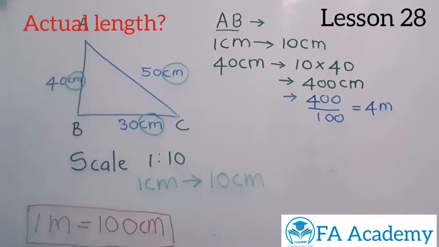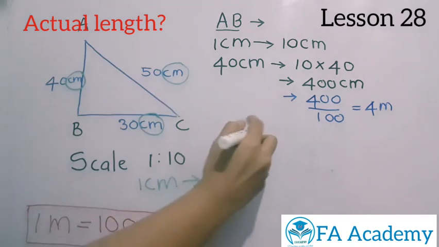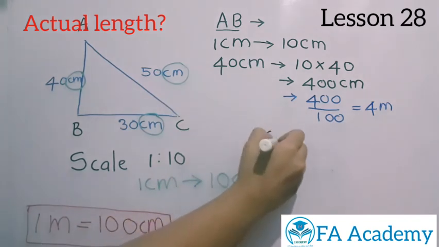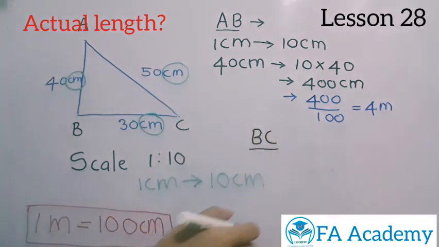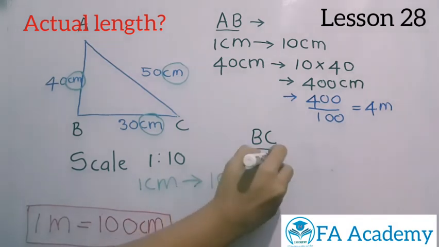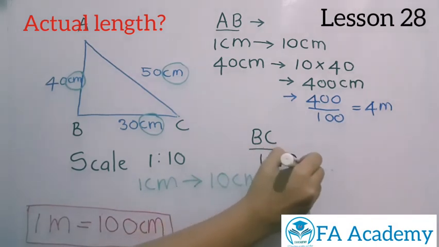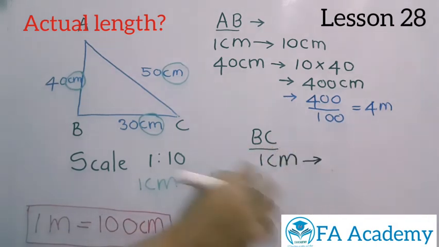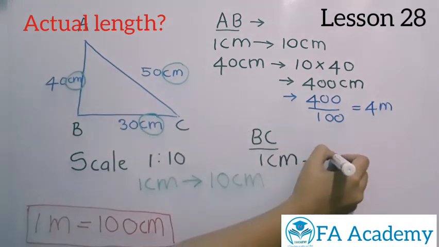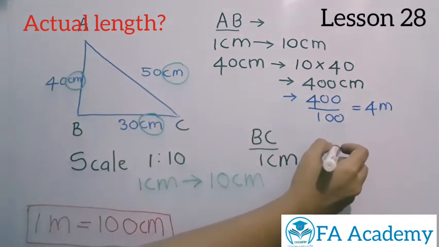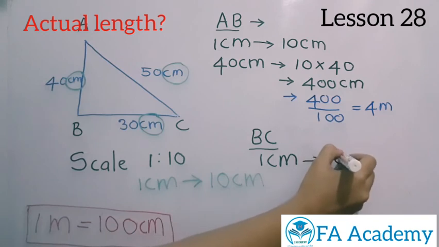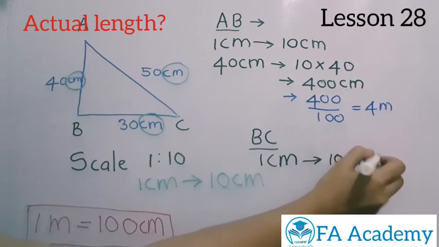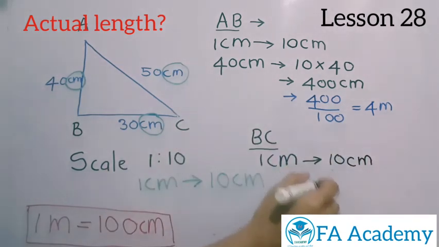Now we'll find BC. Okay, now it's very easy. You can try, take a notebook, you can write in your notebook. It's very easy to find now. 1 centimeter represents how many centimeters? It gives 10. So that's the scale they have given, that's the ratio.